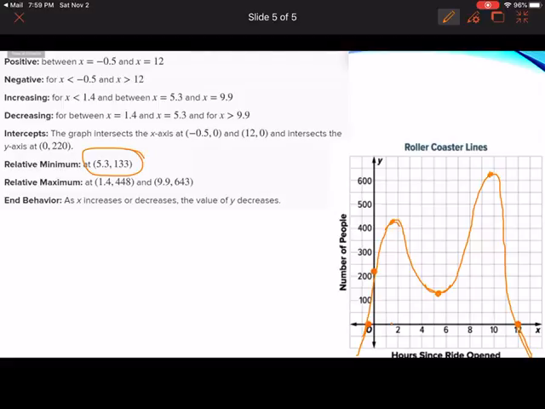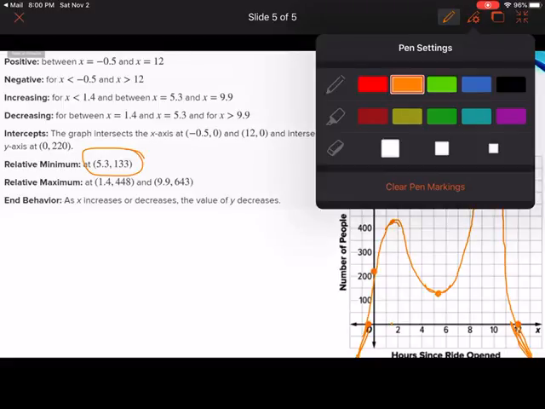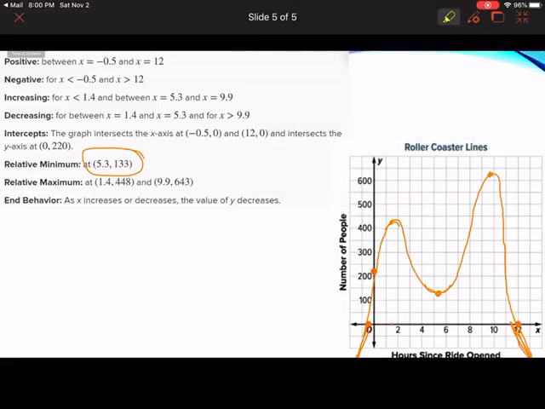In behavior, as x increases or decreases, the y value decreases. So that's what's happening on both of these sides. Make sure we have, yep, we said it was negative on those. We got that right. Decreasing between 1.4, we're just going back and checking, between 1.4 and 5.3.